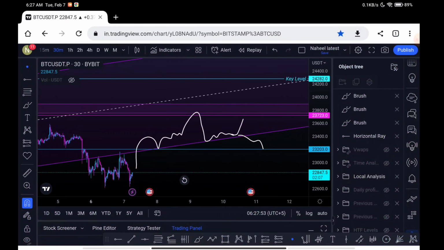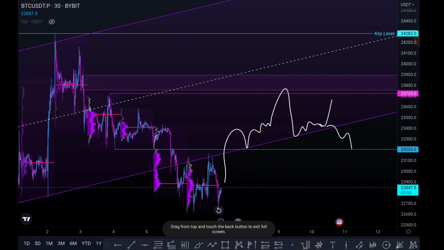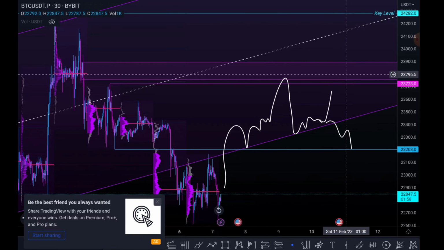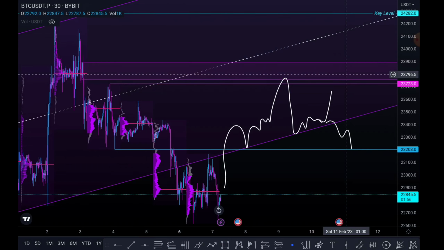I mentioned the daily naked point of control there. If I look into it, there's a daily naked point of control as well, as you can see, at 23,800. So yeah, it could be a good trade.